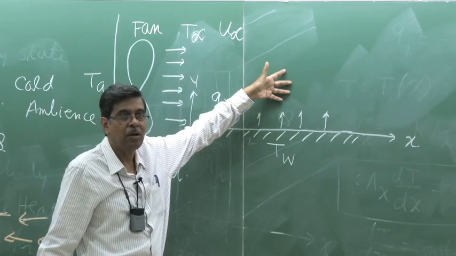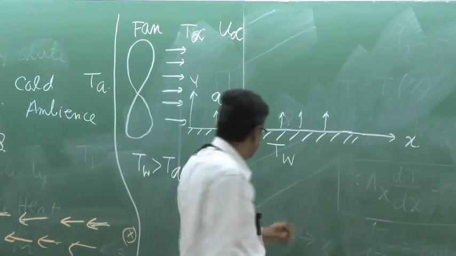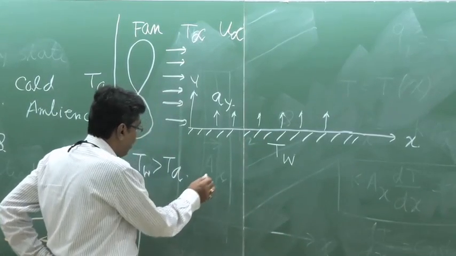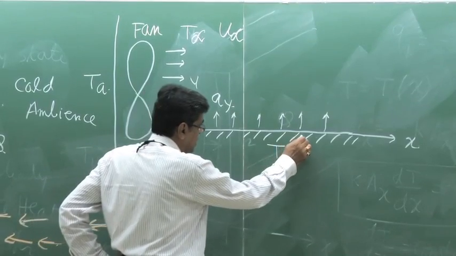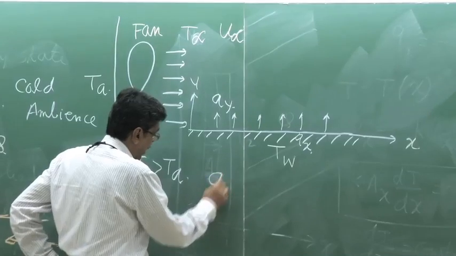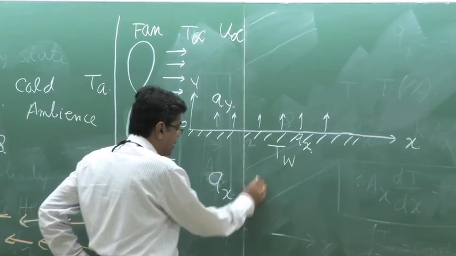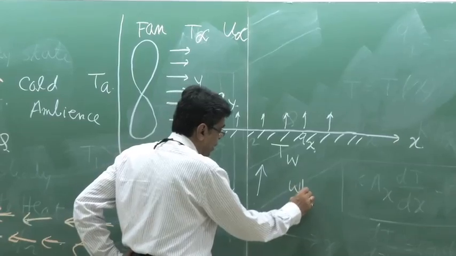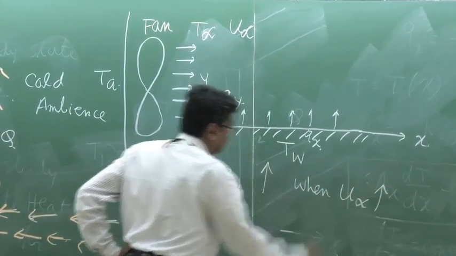This is our common experience. Similarly, if you define heat flux at any point Qx, so Qx increases when u infinity or the flow rate increases.